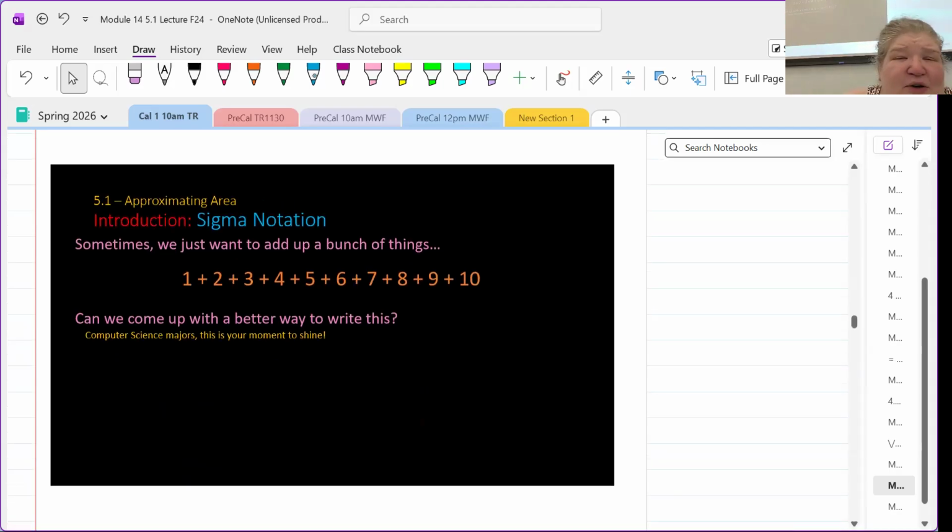Sigma notation itself, though, is very similar to the way computer programming and loop notation works. Because you're saying do this thing over and over again a certain number of times. And in this case with sigma, it's always and add all those results.